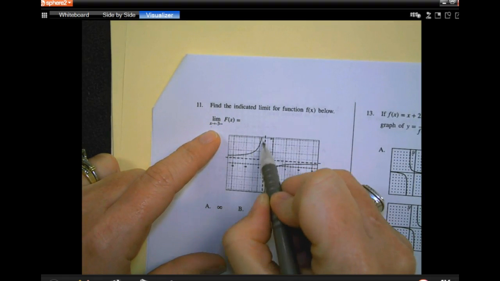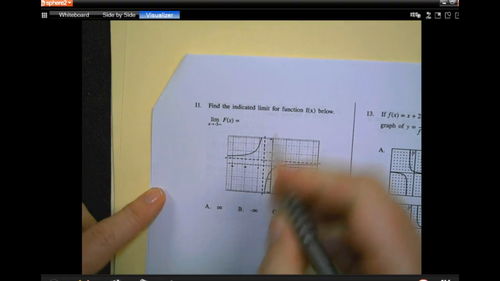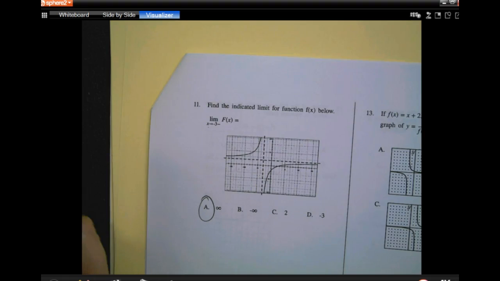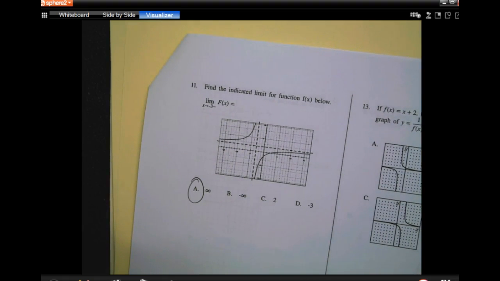So coming from the negative side, what does your y value go to? It goes to infinity. What would the answer have been if I went to negative 3 from the positive side? Negative infinity. Does the limit exist there? Why? They don't match, so they don't exist.